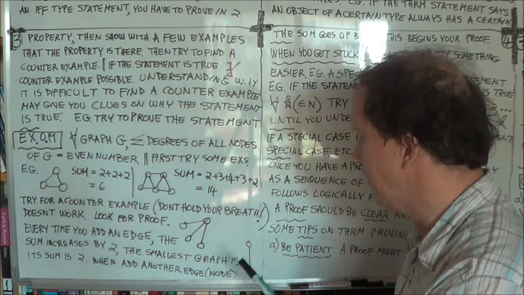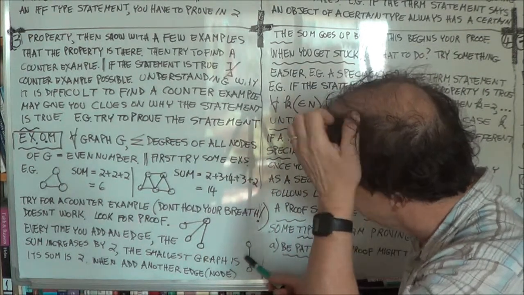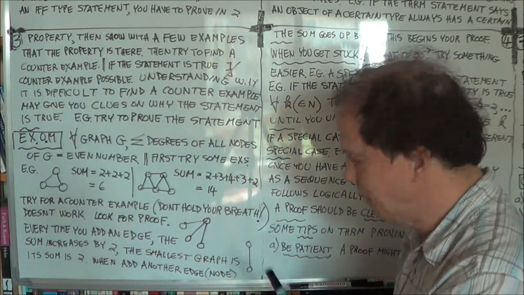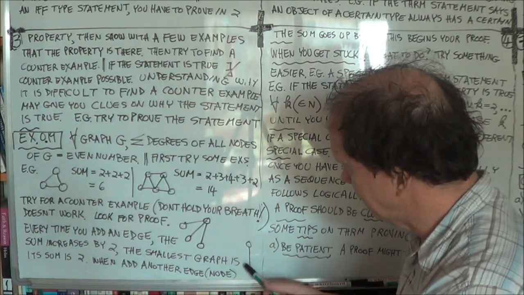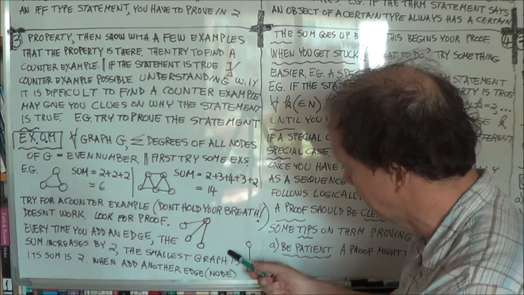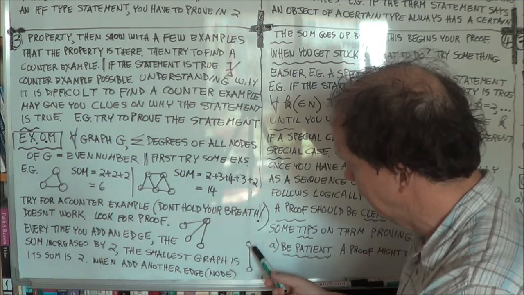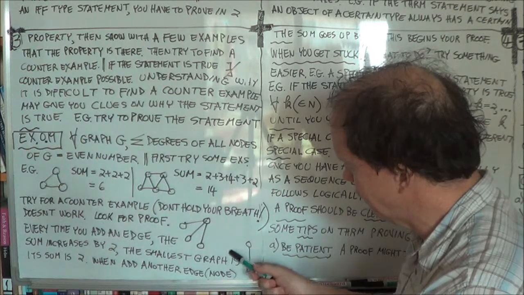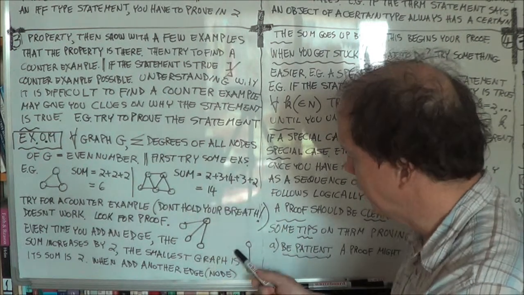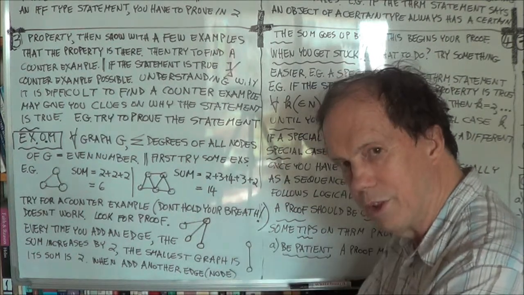That's even. Now, if you add one more edge, that'll mean adding another node. So if you have another node here and another edge, when you add that extra edge, you've added 2 to the count of your total number of degrees. Right?